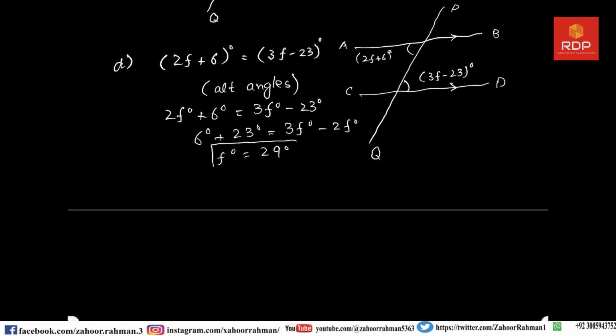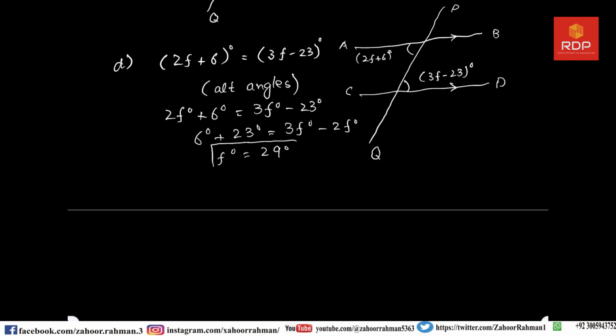Now we are coming to the last part of this lecture, and that is the D1. Again, two parallel lines are given. They said in the question as well that AB and CD are parallel lines, and there is a transversal line called PQ. So directly our mind should go to those three theorems.